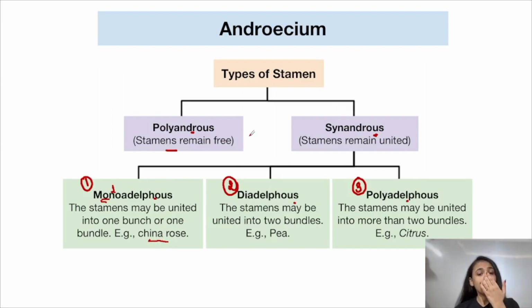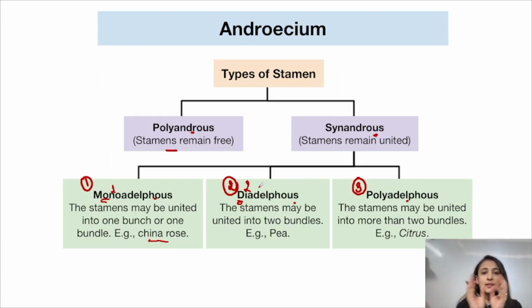Now in diadelphous condition, the stamens can be united in two bundles. Di means two. So in this condition, stamens are present as two separate bundles. In one bundle, the filaments of stamens are fused with each other. There is a second bundle also in which the filaments of the stamens are fused with each other in order to form a bundle.